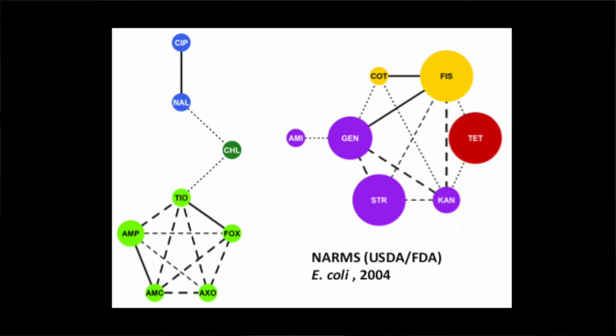When there's no correlation, the nodes in the network are not connected by a line. If there's a weak correlation, after we apply the graphical lasso, there's a dashed line. And if there's a strong correlation between them, meaning it's likely that you're going to have collateral resistance and indirect selection, there's a bolder line. We can get a really informative picture of what's going on and how these resistance traits are interacting with each other and how they group together using a system like this.